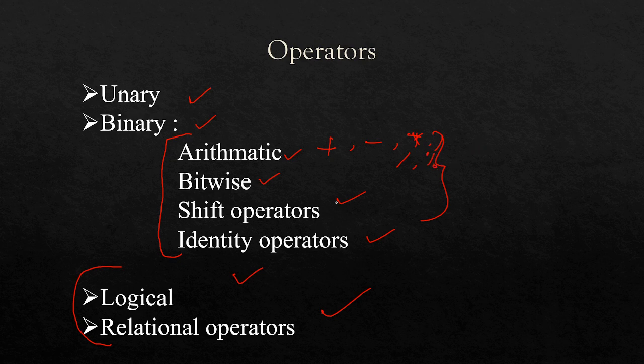These are all arithmetic operators. Logical operators we will see: and, or. These are the logical operators. And relational operators are greater than, less than. So very shortly I am telling you all this. Next, in the next session we will see what these operators are and how to use them in a program. Okay.